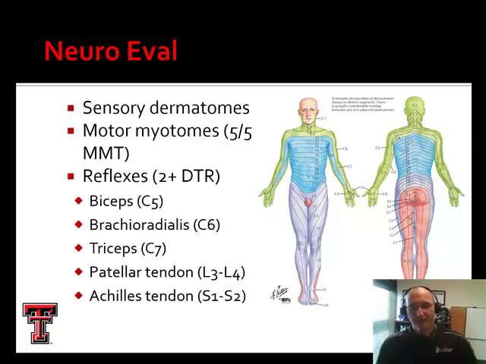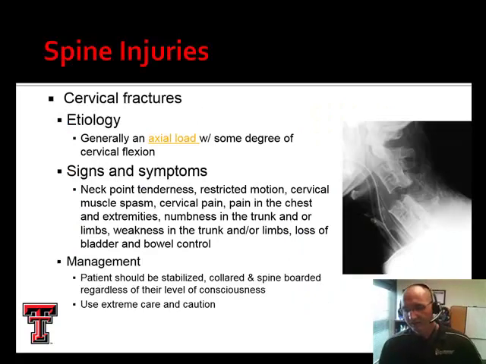I'll test that bilaterally, and if I've got a deficit there, and let's say I've also got some numbness or tingling out in my arm, and I've got weakness with elbow flexion, all those clues point to the fact that maybe I've got a C5 nerve root lesion as opposed to an elbow injury. Okay, so these can all be beneficial in helping me pinpoint whether the pain is actually sourced from the structure or whether it's sourced from the spine or the sensory system.